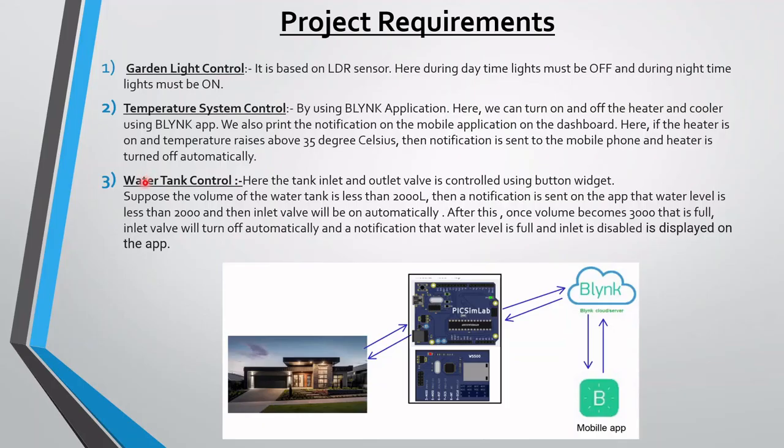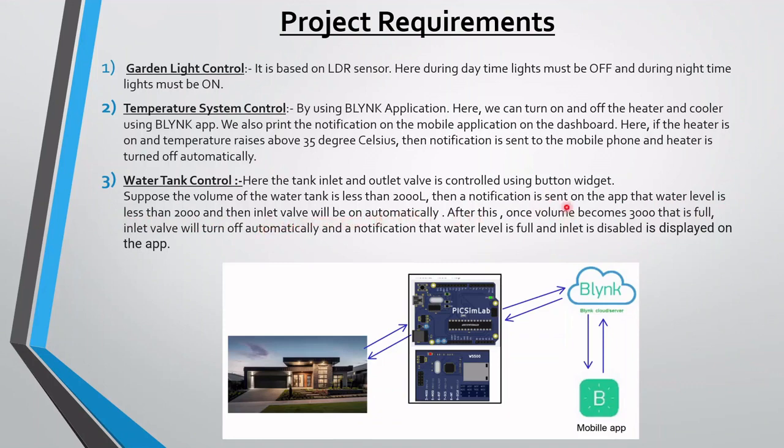Next requirement is water tank control. Here, the tank inlet and outlet valve is controlled using a button widget on our phone. Suppose the volume of the water is less than 2000 liters, then a notification is sent on the app that the water level is less than 2000, and then the inlet valve will be on automatically.